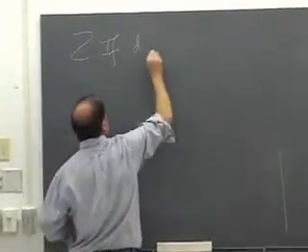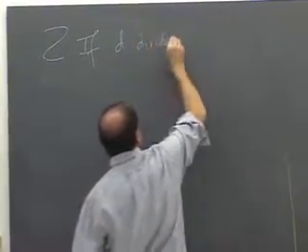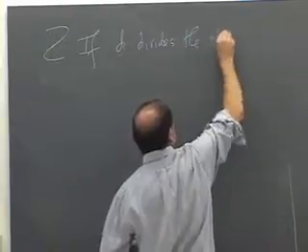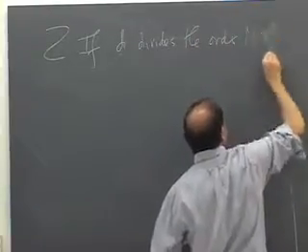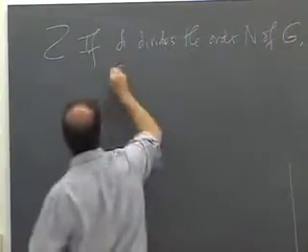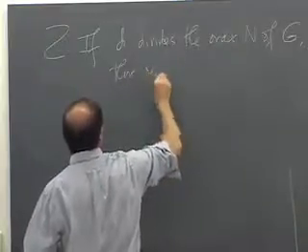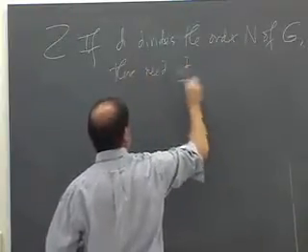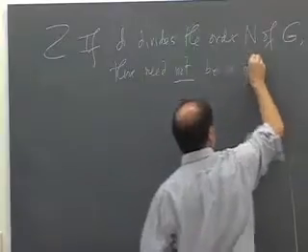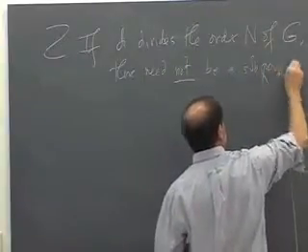Note, if d divides the order n of G, there need not be a subgroup of order d.